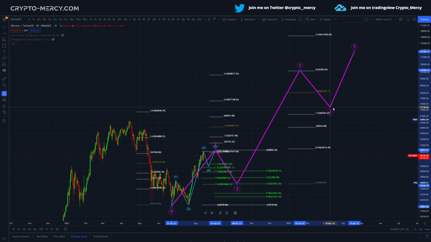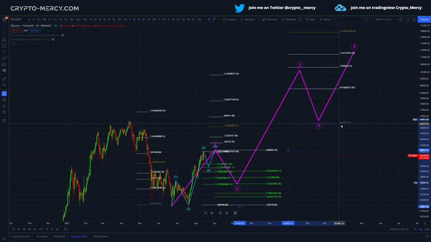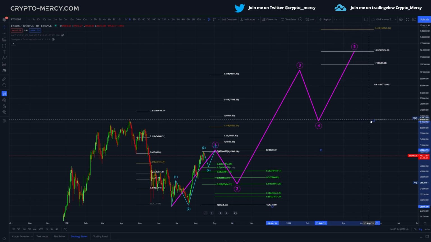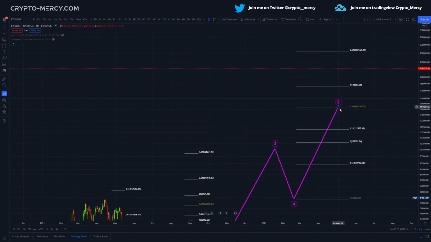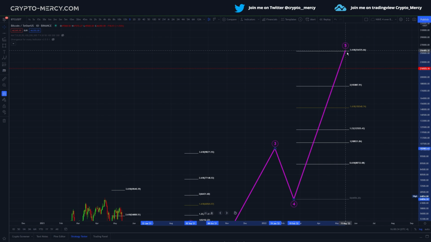We retrace on that specific top that we reached in mid-April, and I bring this on the wave 4 bottom, and now we have the 1.0 at 108,000, the 1.618 at 150,340, and the 2.618 at 254,725. Yes, this can be a wick, but this will mark the end of the cycle, and after that, bear market.